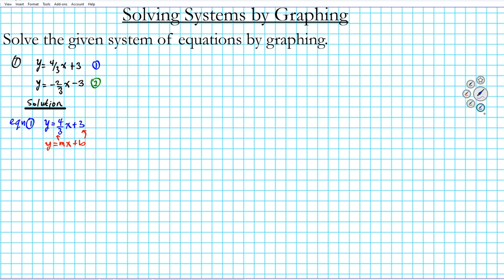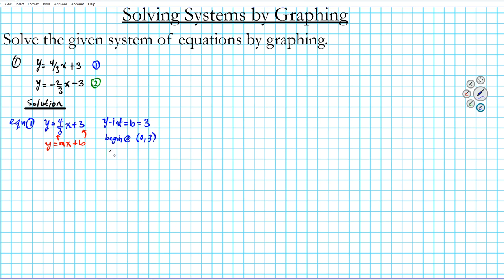Let's start with the y-intercept. The y-intercept is b, and that's going to be 3. Since the y-intercept is 3, that basically tells us that we're going to begin at 0, 3. So begin at the y-intercept 0, 3.